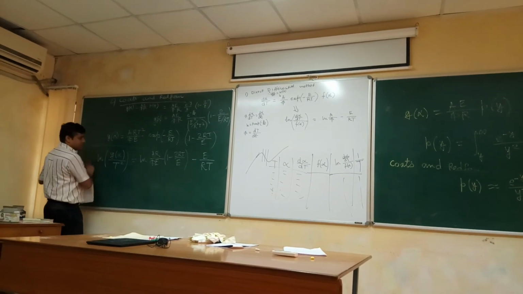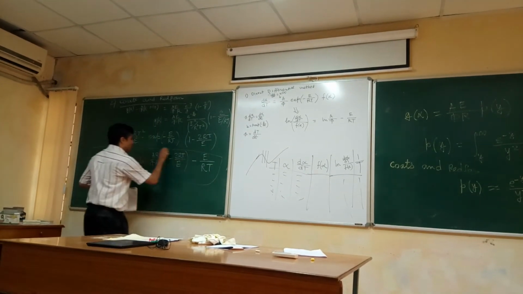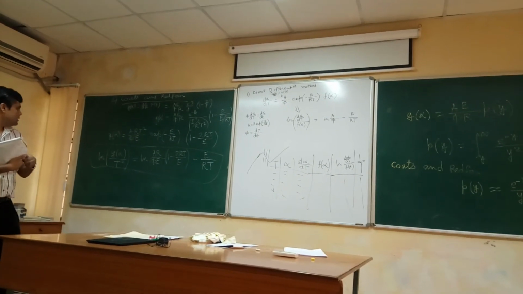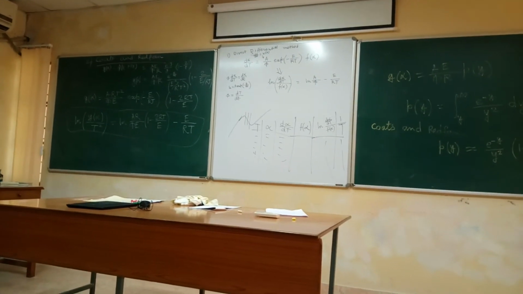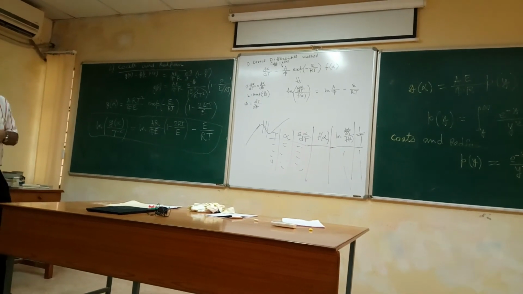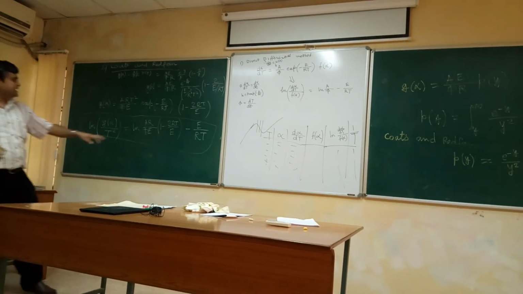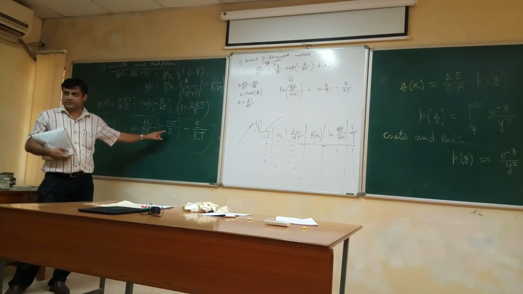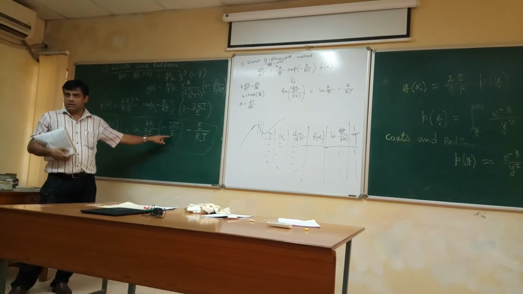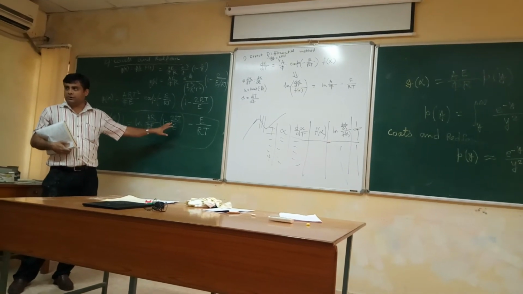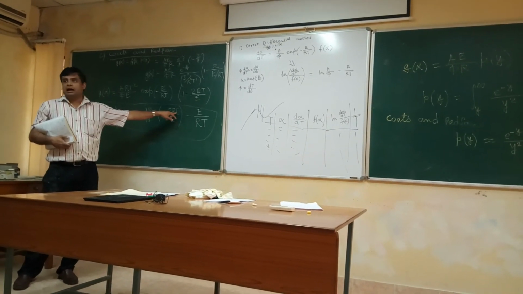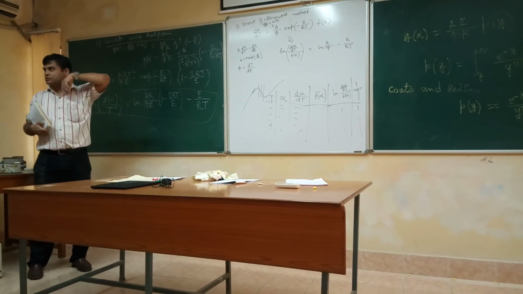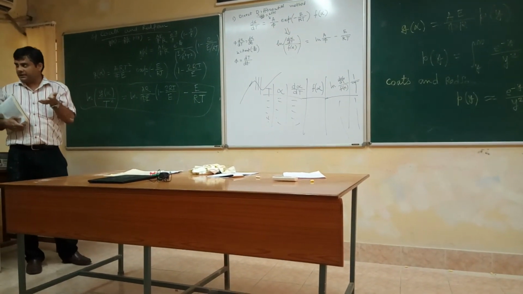So you are getting this type of expression. If your E is very high, you can ignore this with respect to 1. If you do not want to ignore, you just use an average temperature of the temperature range through which the transformation is happening.